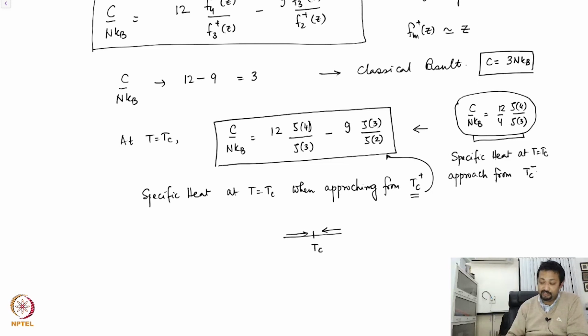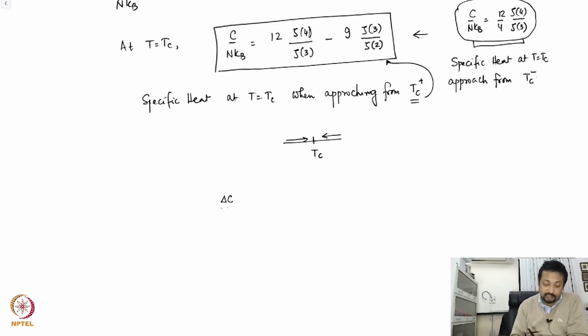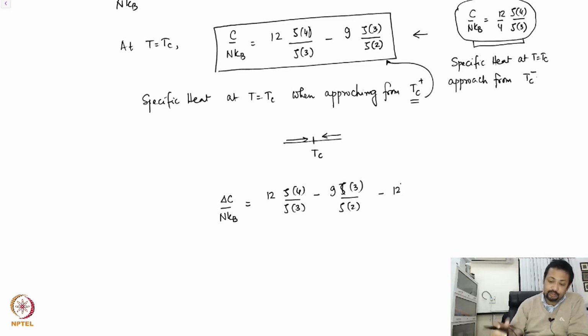So there is a difference, and that difference, delta C over NkB, is 12 zeta 4 divided by zeta 3 minus 9 zeta 3 divided by zeta 2, minus 12 zeta 4 over zeta 3 (sorry, this is just 12, not 12 by 4, my mistake), which is minus 9 zeta 3 over zeta 2.